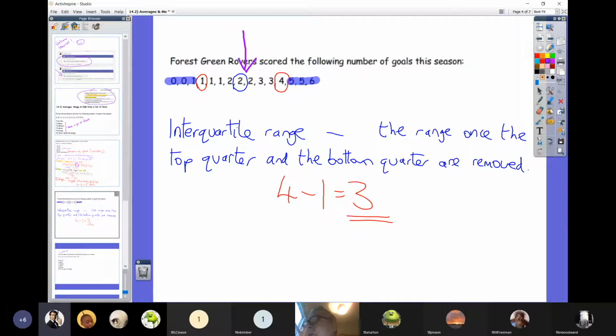Now, you then look at the numbers before the 2, and you find the middle of those numbers, and the middle number there is that 1.